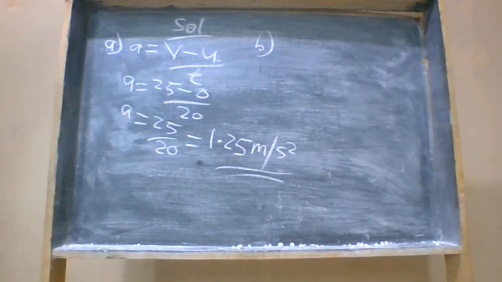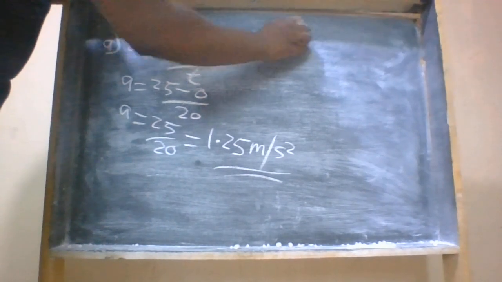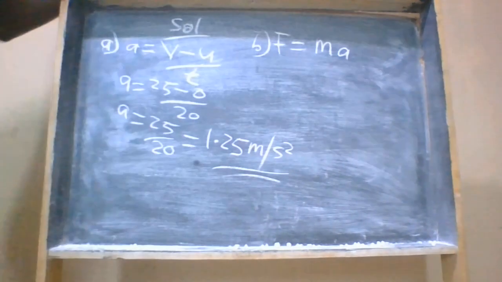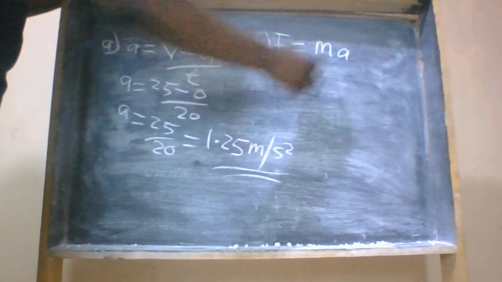So going to B, it is saying the horizontal driving force. In short, we are just finding the force here. So force equals mass times acceleration. What is the mass?